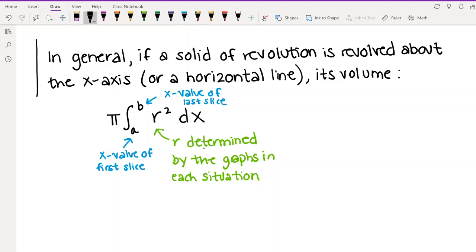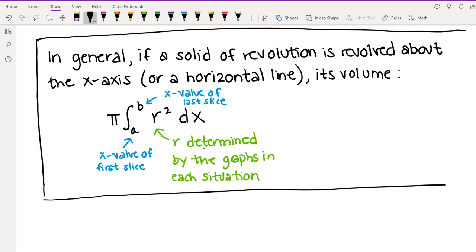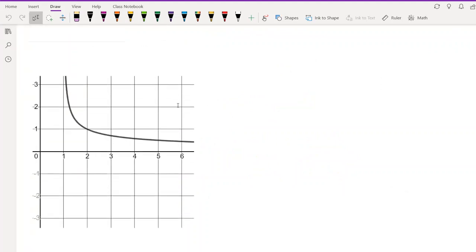And I like to pull the pi outside because it just makes the integration a little easier, but I do want you to remember where this comes from. It comes from the fact of pi r squared being the area of the cross section, and then we're just pulling that pi outside. Okay, so we're going to do, like I said, 3 more examples. The next one is going to be pretty similar to the one that we just did in terms of its simplicity, but then we're going to get into a couple of more challenging examples.